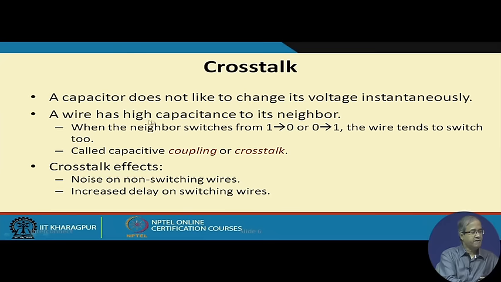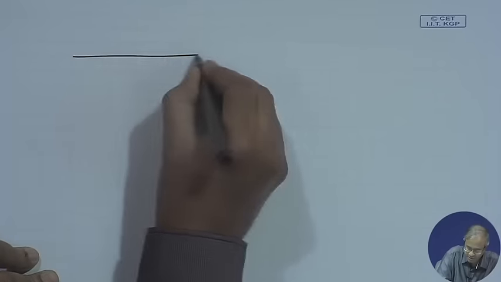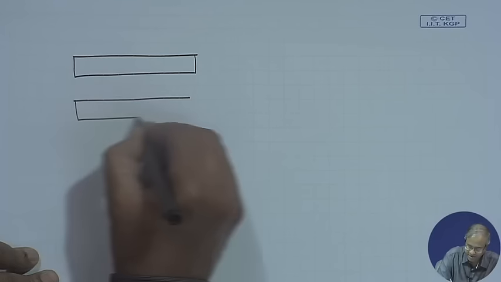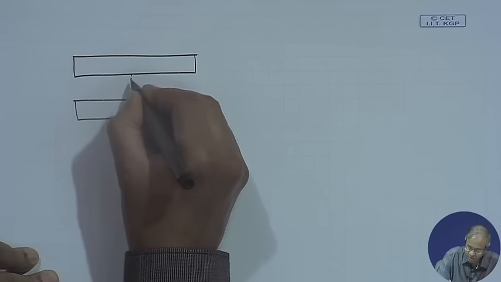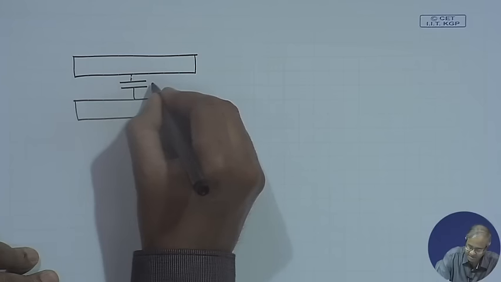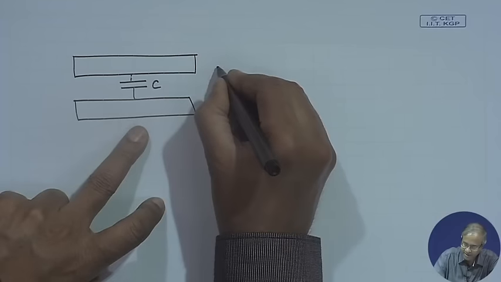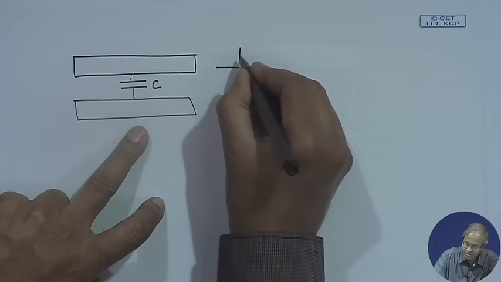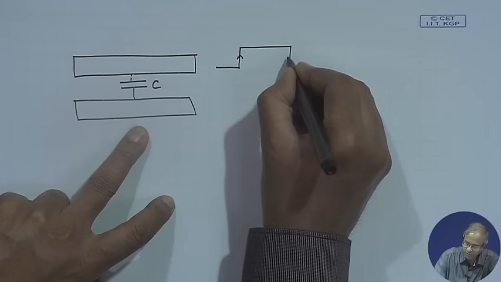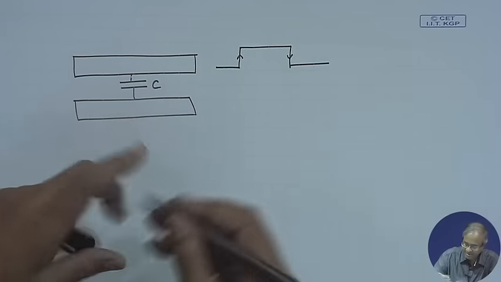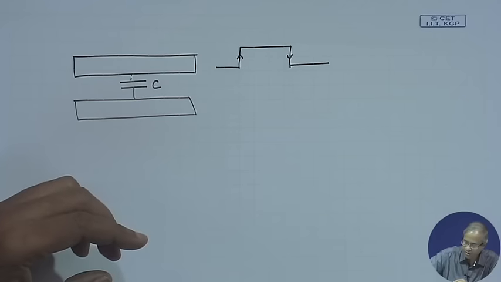Now, if there is an issue like this, there are two parallel wires which have high capacitance, let us try to show here, there is a wire like this, there is another wire like this. Between these two wires there is a high capacitance, let us say. If on one of the wires there is a signal transition either from 0 to 1 or from 1 to 0, the other wire may be carrying some signal, let us say it was carrying a constant voltage signal.